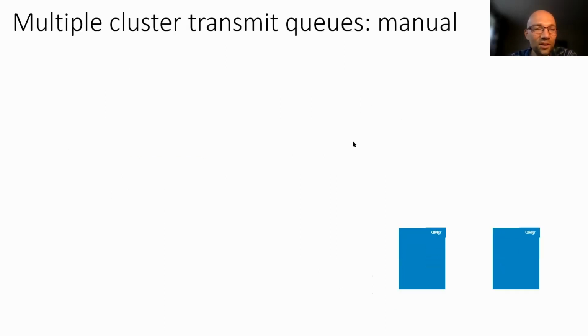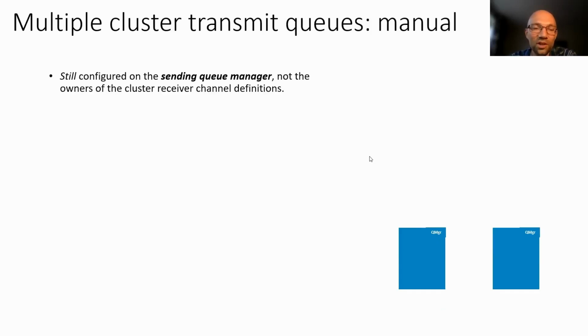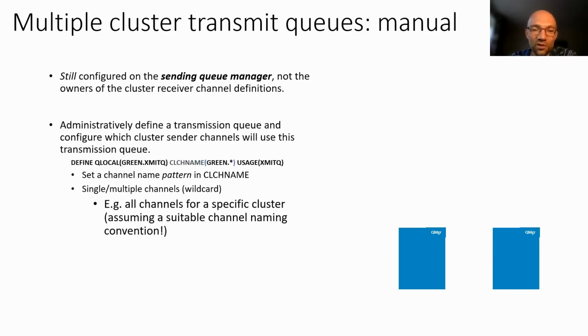The other thing that you can do, if you want a bit more control over your cluster transmission queues, is create them manually. So on the sending queue manager, again, you can create your own transmission queues. It's a normal transmission queue, but with the extra bit that you specify the CLCHNAME attribute.